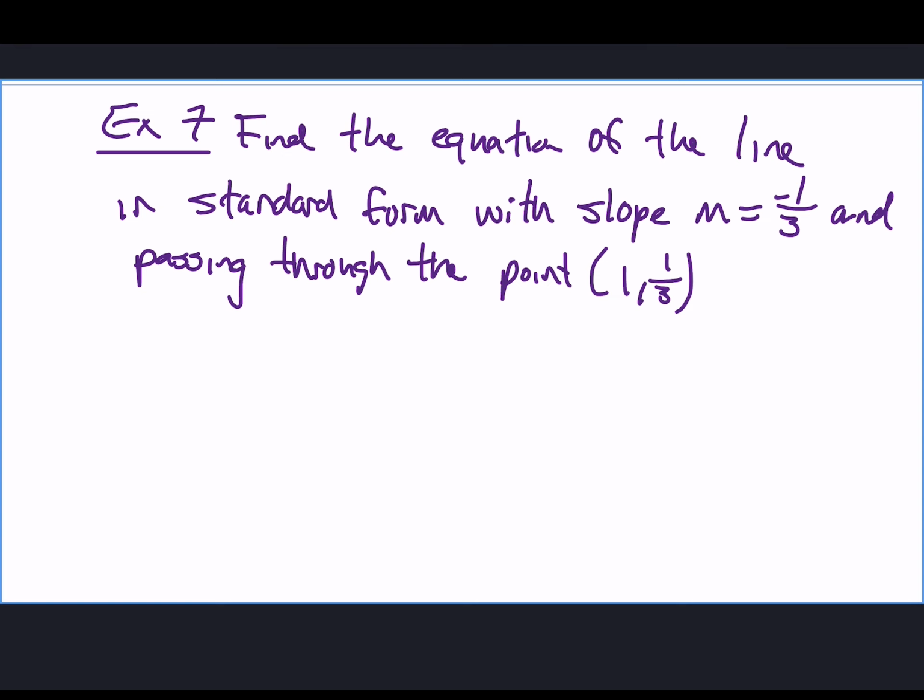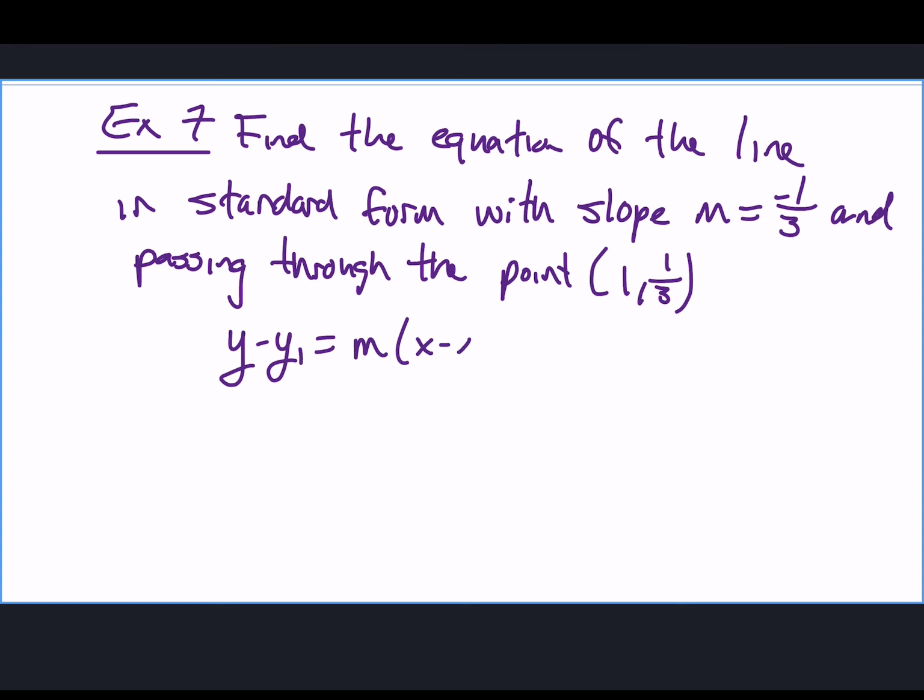How would we do that? I mean, yes, it is possible for us to get rid of the fraction, but not yet. We're not there yet. We need to use the point-slope formula, right? We have a point and the slope. So our point-slope formula, which I'm just going to keep writing for you until you remember it.